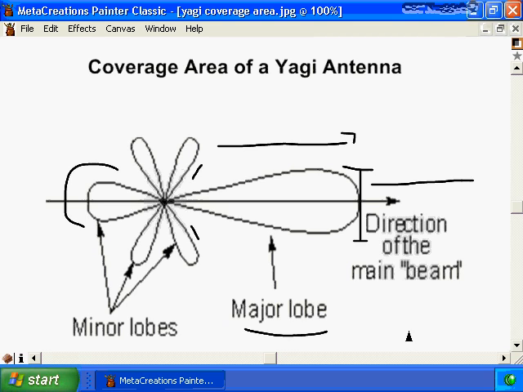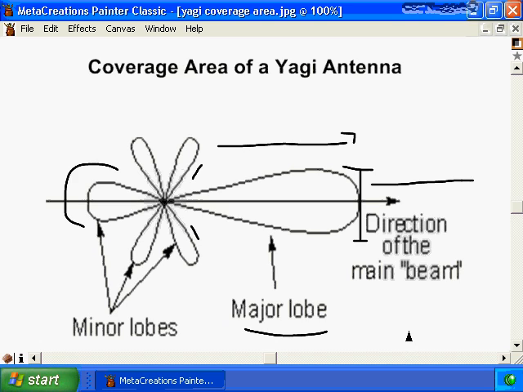Now, Yagi antennas are typically used for short to medium distances to provide building-to-building bridges. So, for example, if you need to provide a bridge between one building and another building of up to about 2 miles, then a Yagi antenna is an excellent antenna for that purpose. But they're also used in other capacities as well.